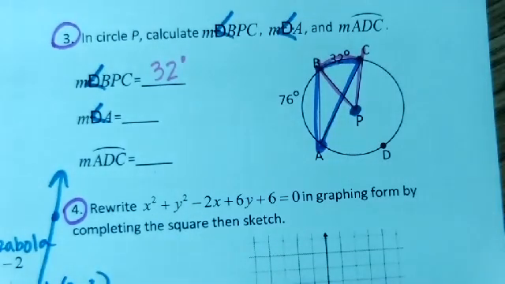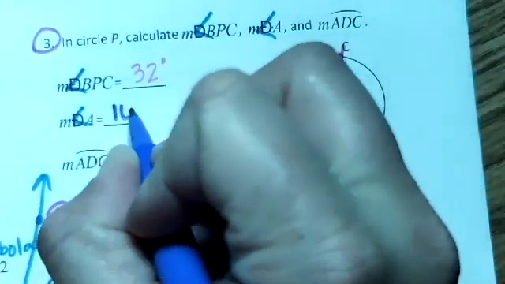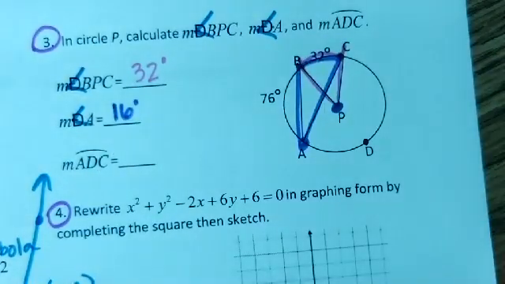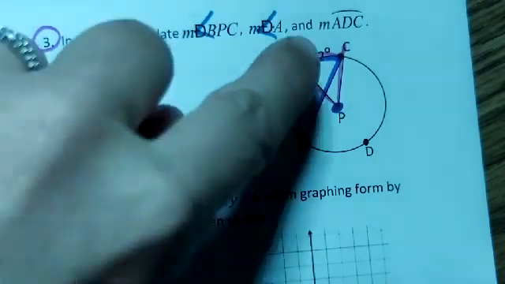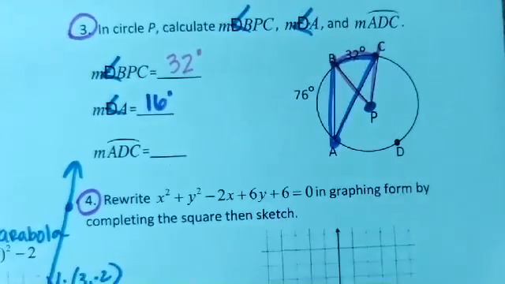So when you take that angle, you're going to do 32 divided by 2, and that's going to be 16, because it's half the intercepted arc. I was just double checking that on my notes.